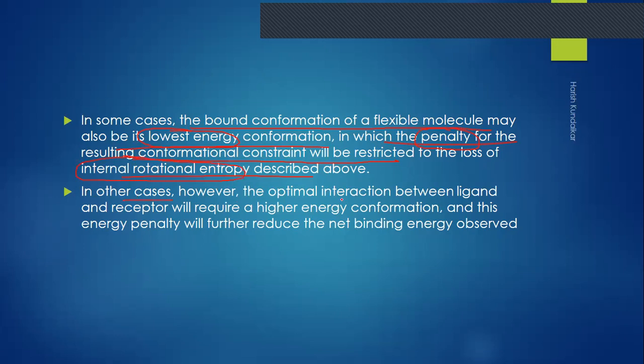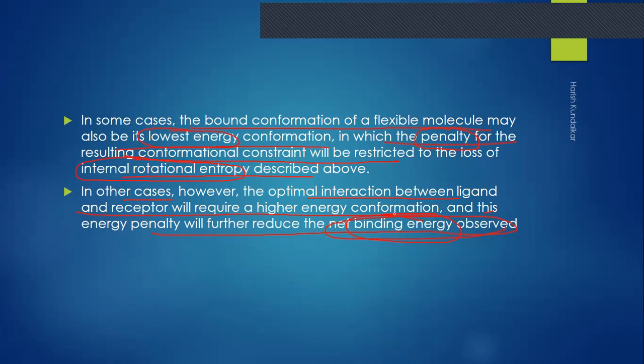And in other cases, the optimal interaction between ligand and receptor will require a higher energy conformation, and this energy penalty will reduce the net binding energy that is observed. So if higher energy conformers are binding, then the binding energy decreases. In other words, binding affinity decreases.